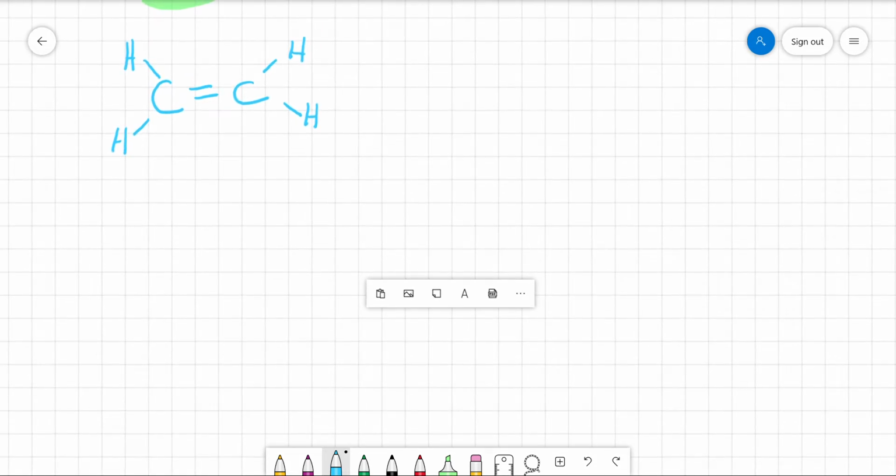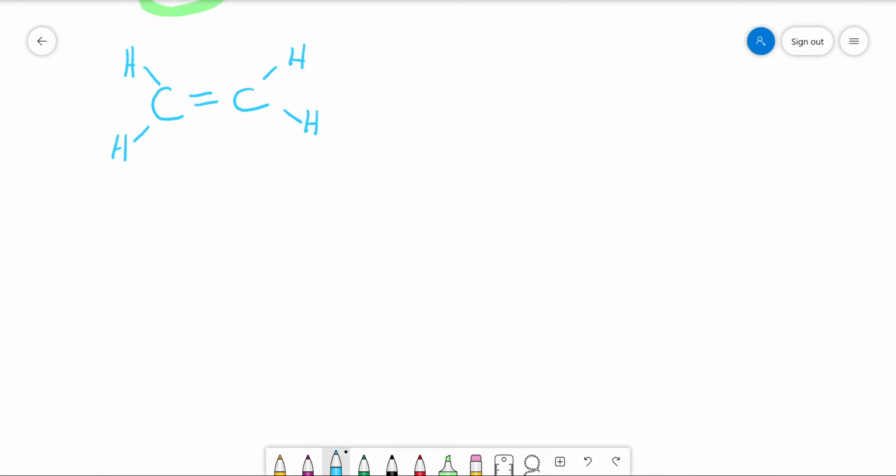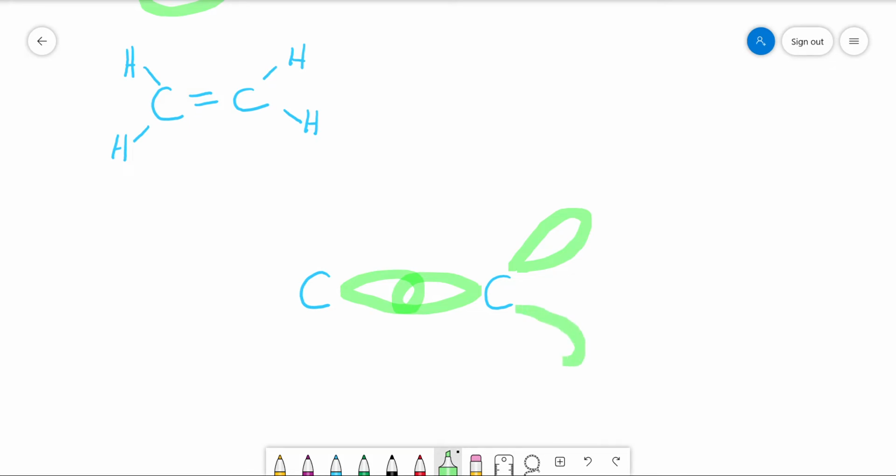So I'm going to put in one carbon and then another carbon over here. Okay, and I'm going to draw the sp2 hybrids first. And it's going to be difficult to draw because technically these are all on the same plane, but it's not the plane of the screen that they're on.